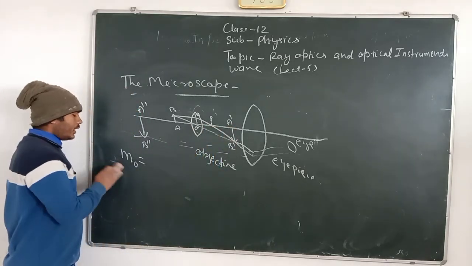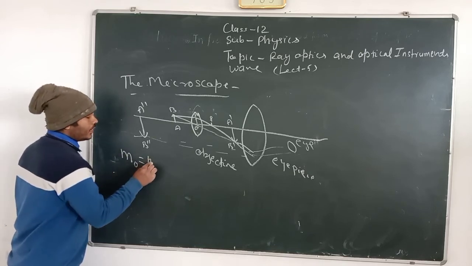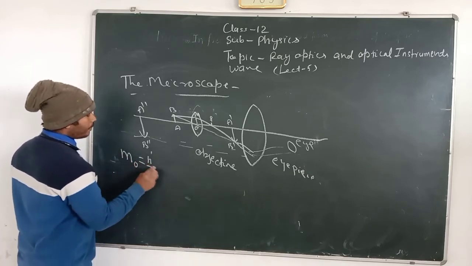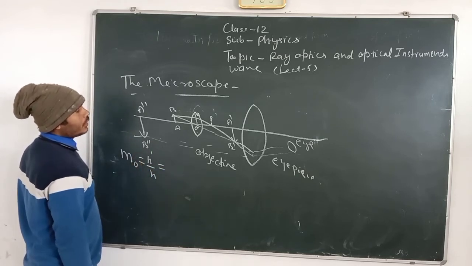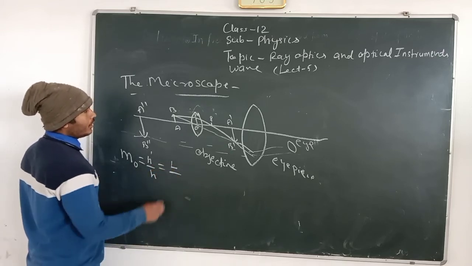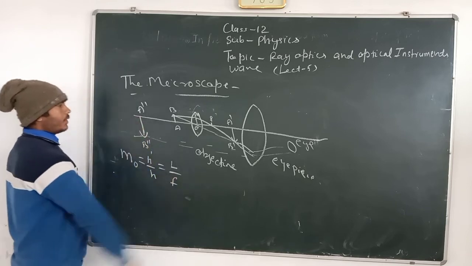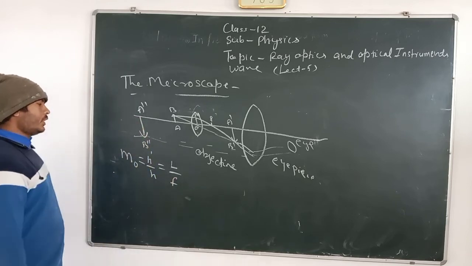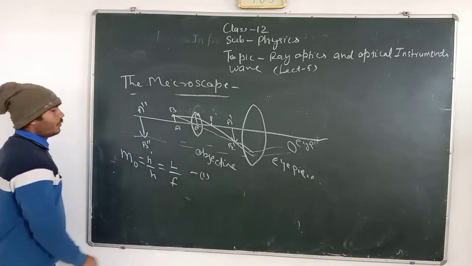Tell me. They will be congruent. So in this case, h dash upon h will be equal to L upon F. L upon F. Is it clear? It is equation number 1.